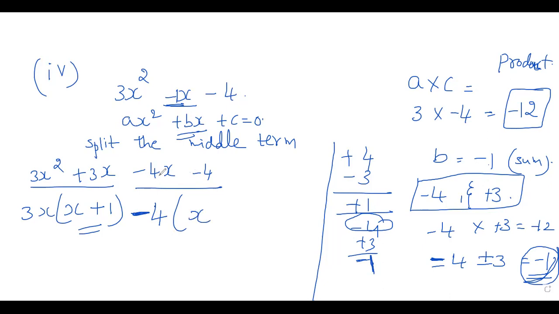So already we had taken -4 as common factor. So x ಇರತ್ತೆ, minus ಇದೆ, it will become +1. Okay, x plus 1 common ಇದೆ, x plus 1, next 3x minus 4. So these are the factors.